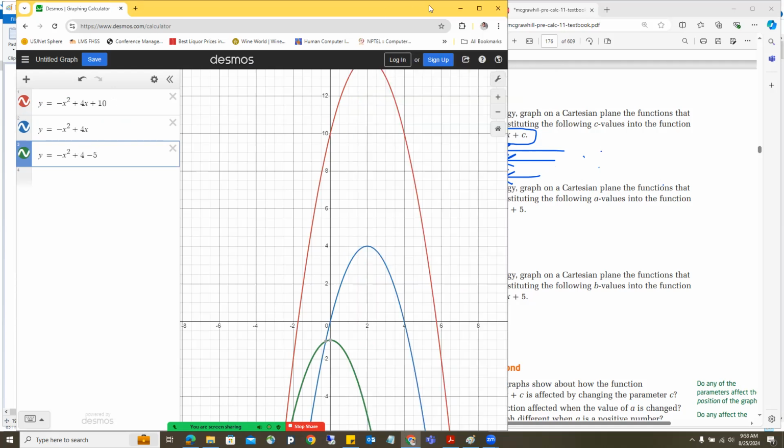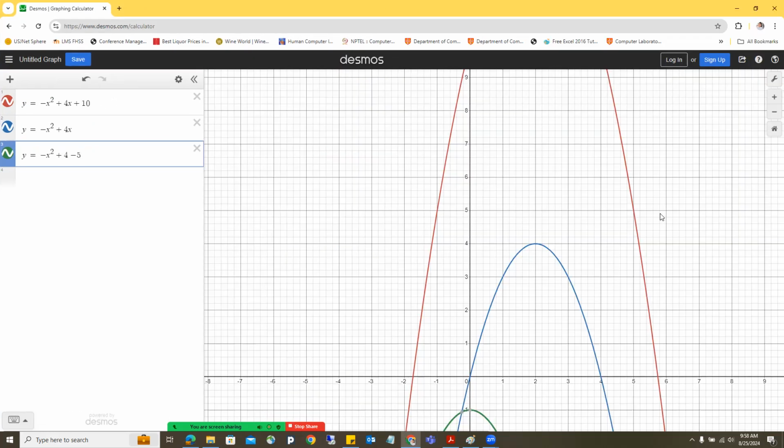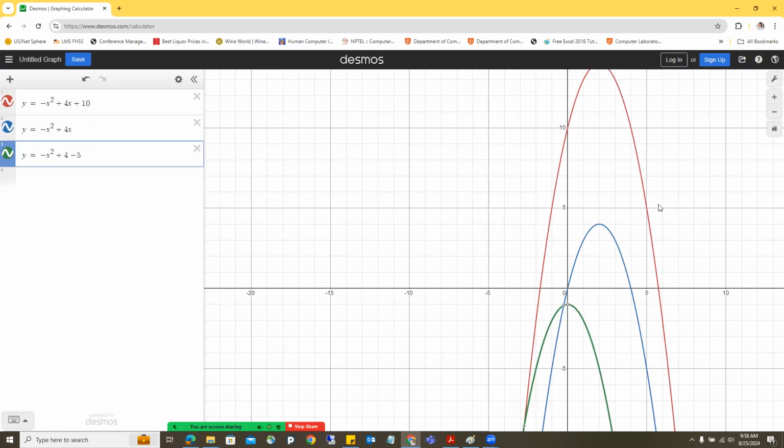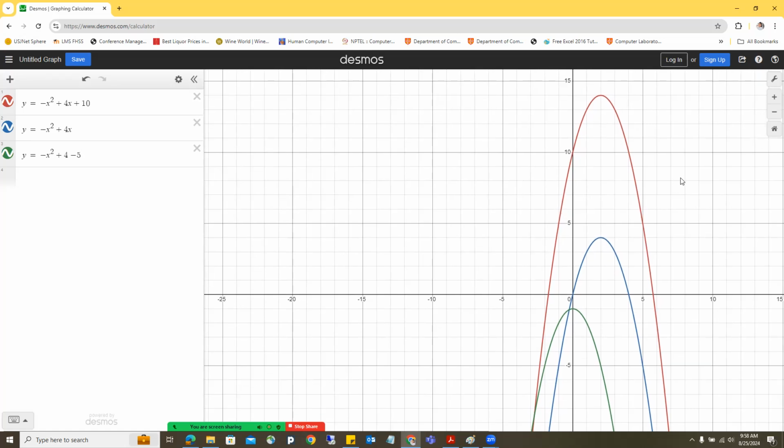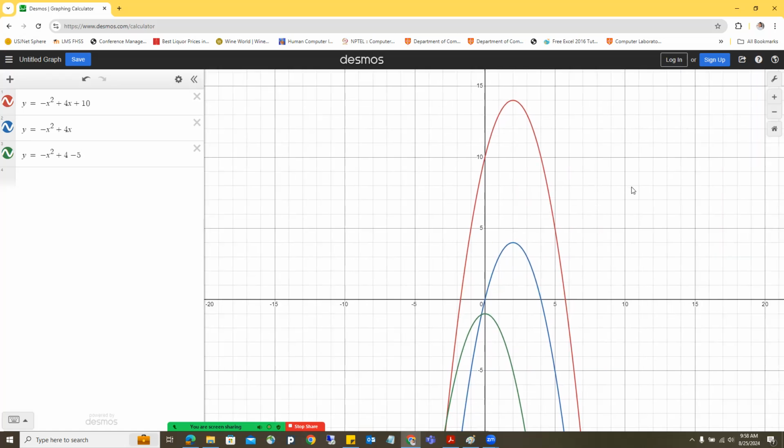Now what will happen here? So these are the three graphs which we have. What do you think of this? This one is minus x squared plus 4x plus 10.